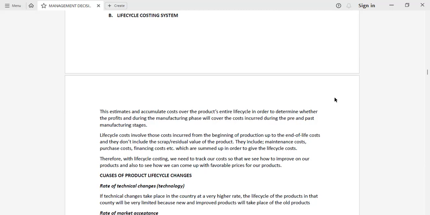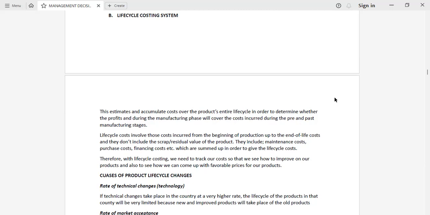If you have any scrap or residual values of the product, we are not including that under our costs. But the costs that we include are costs such as maintenance costs, purchase costs, financing costs, and others, which are all summed up to give the life cycle costs.